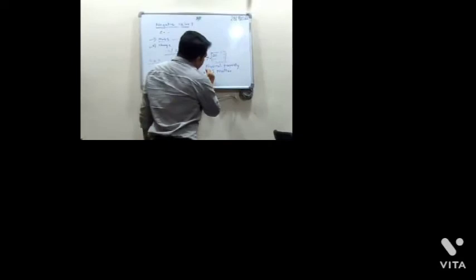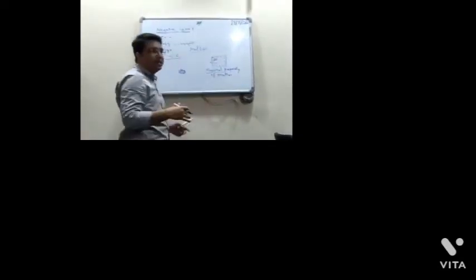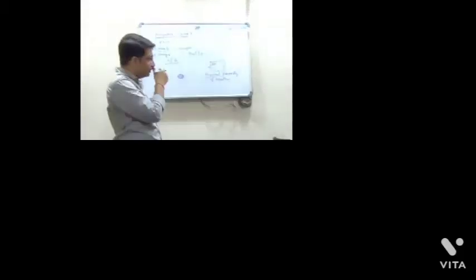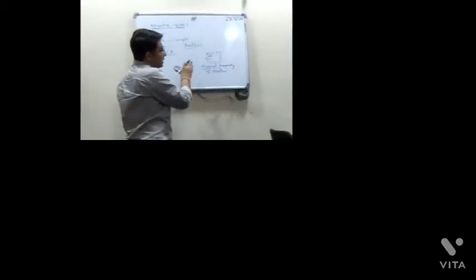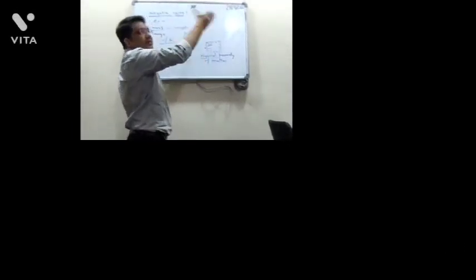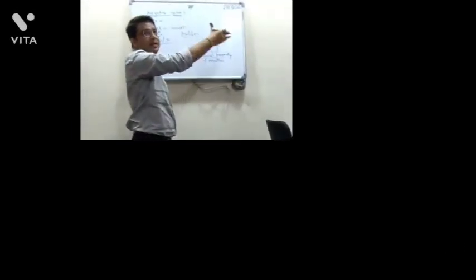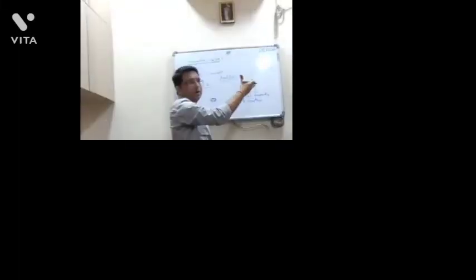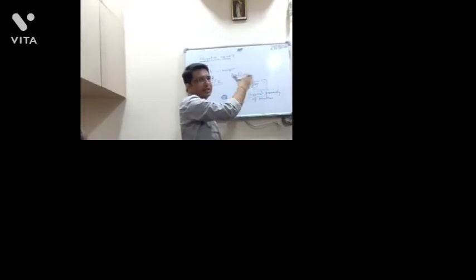Now once I am using the word physical property, physical means it's physics. So there are two or three points which differentiate between mass and charge. I don't know whether you are aware of it or not. If you are aware, then I'll skip it.